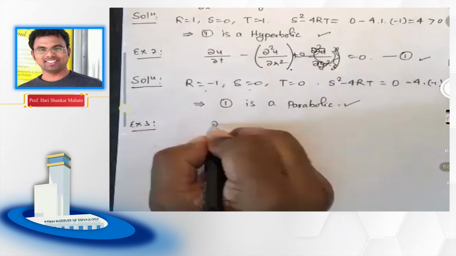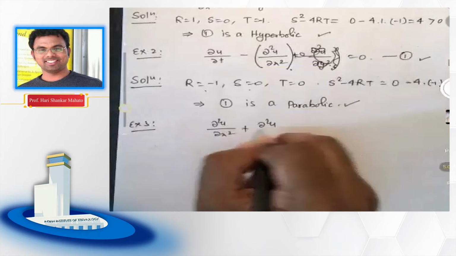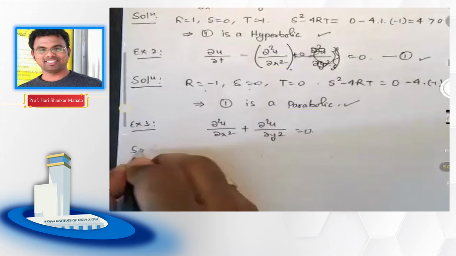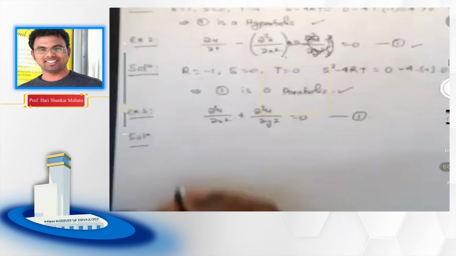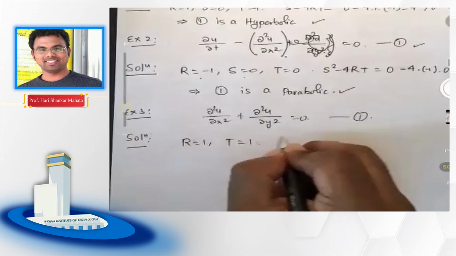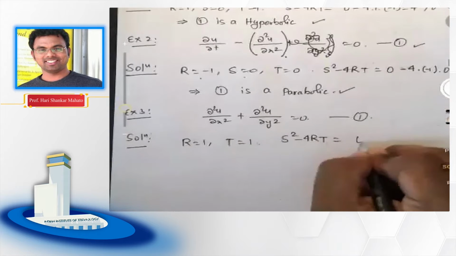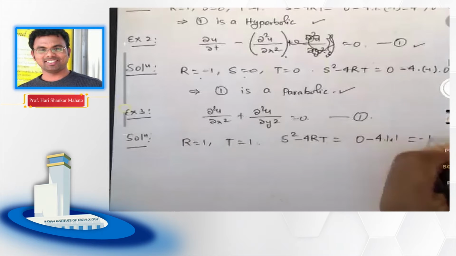Del square U by del X square plus del square U by del Y square. Let me call this equation number 1. Here our R is 1 and our T is also 1. So I can calculate S square minus 4RT, which is 0 minus 4, 1, and 1. So that means -4, which is less than 0.